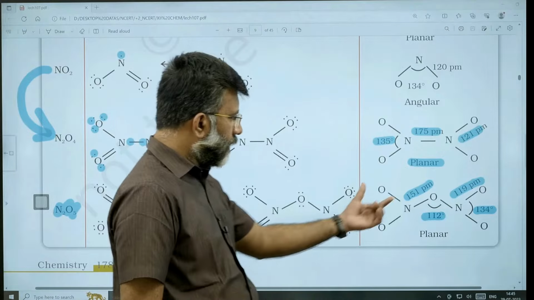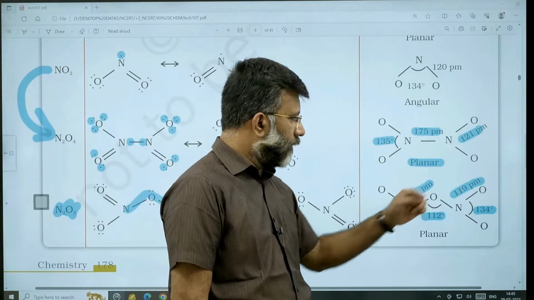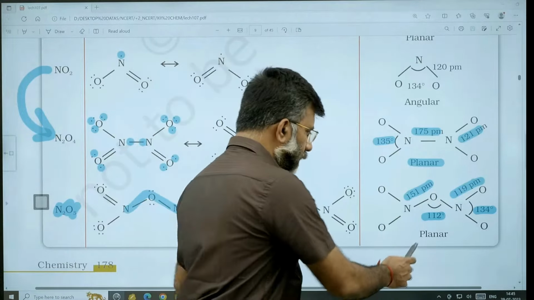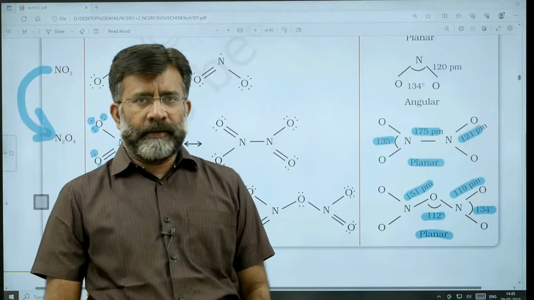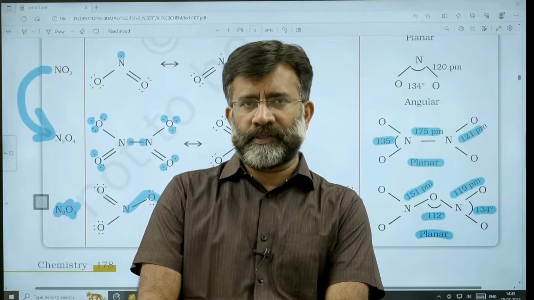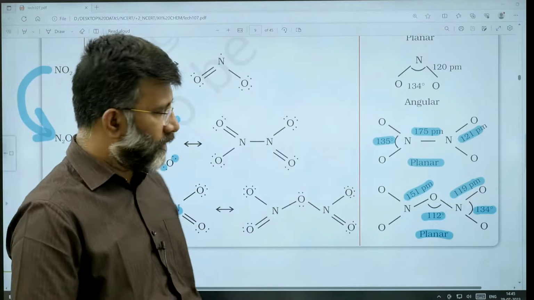So bond angle decreases, bond length increases. So here 151, here it is 119, 120 range. That is also planar in shape, and it carries an N-O-N linkage, N-O-N bridging present in this molecule. That is yet another speciality of this.